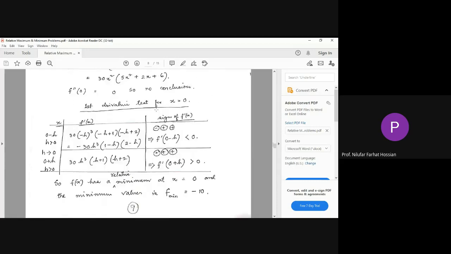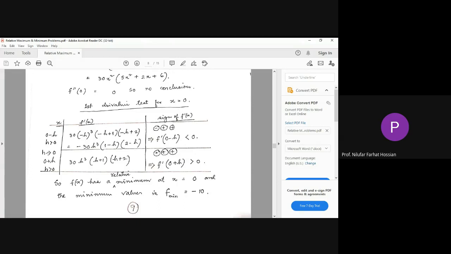This gives you a negative sign. Minus h whole cube means minus 30h cube. 1 minus h, h is a very small positive number, so this part will give you positive. This part will also give you positive. So negative, positive, positive, ultimately it is negative.